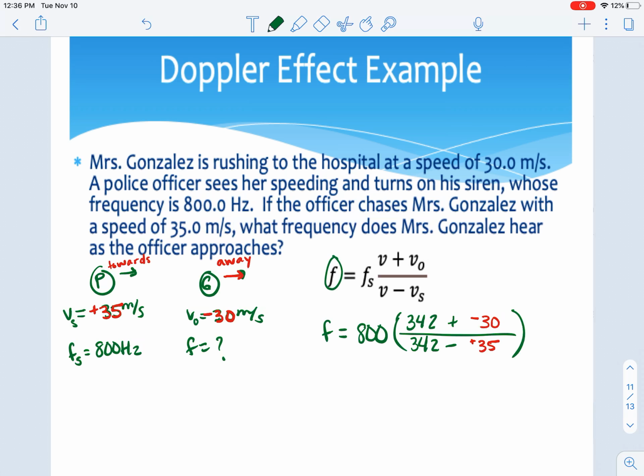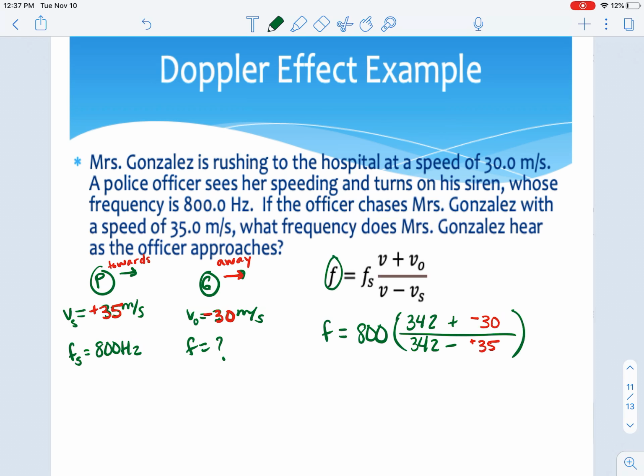Again, we are inputting those individual velocities. Velocity is a vector. So when I'm inputting the velocity of the observer, I need to ask myself, is the person listening moving towards the other object or away? And so I will individually make that velocity positive if it's towards, negative if it's away, and then I ask myself the same question for my source.